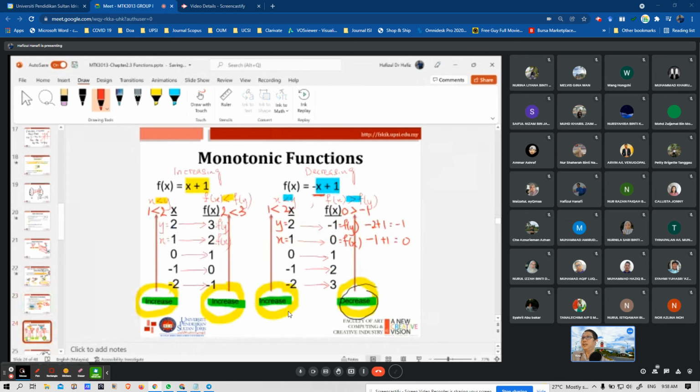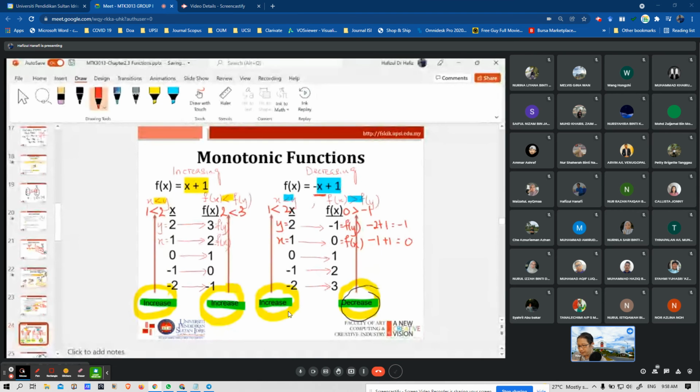Monotonic function, for example, we have f(x) = x + 1, and then increasing from down to up. This one is increasing, this one also increasing, and while both increasing, we call it a monotonic function.